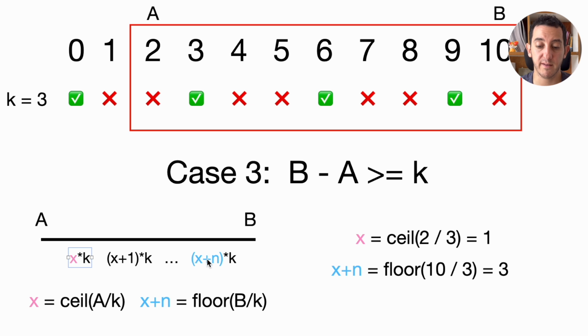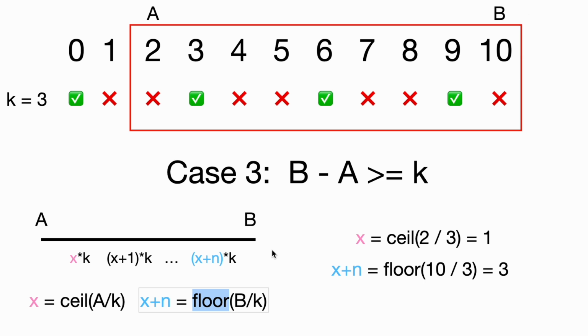And we'll have x plus n, which will be the biggest number within the range a and b that is still divisible by k. And we're going to calculate this by dividing b by k and calculating the floor of that, right? Because if we put ceil here, that will be the next biggest number than b that is divisible by k. So once we calculate x and x plus n, we'll just have to subtract these two.